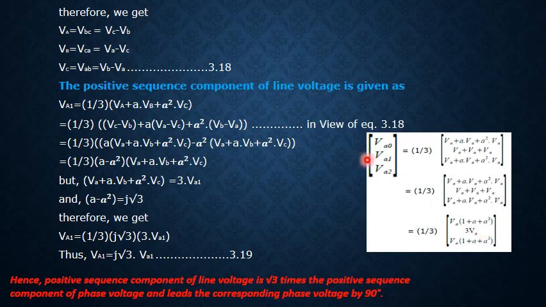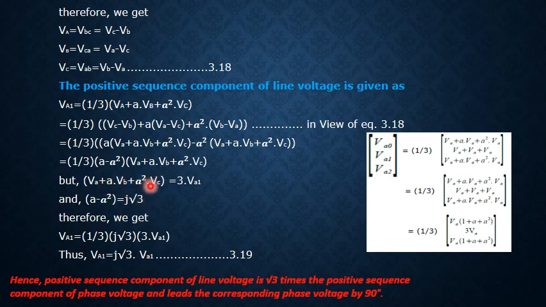So the positive sequence component of line voltage in terms of phase voltage will be 3 times that particular value. Here, instead of writing this entire equation, I am going to simplify it to 3 into the phase voltage value. As we already know, A minus A square is nothing but j root 3.